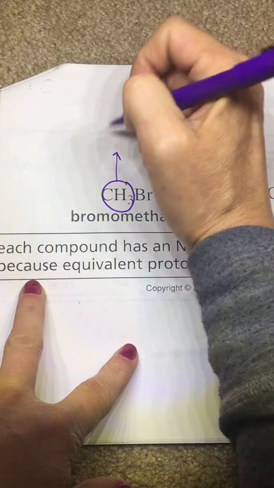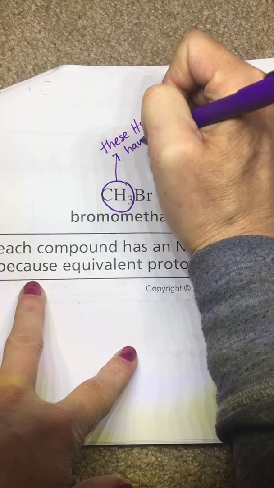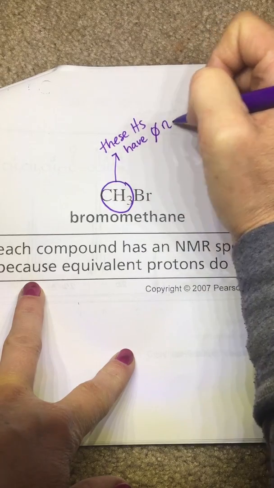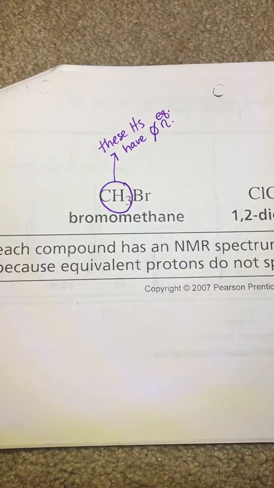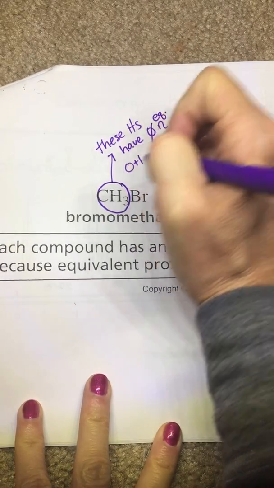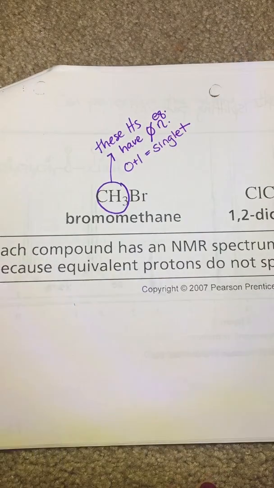So we would say these hydrogens have 0 neighbors. Remember, I like to always use the word equivalent because we're going to see where unequivalency comes into play later. So these hydrogens have 0 equivalent neighbors. They simply have no neighbors. So 0 plus 1 would give us a singlet. So that's what you would see.